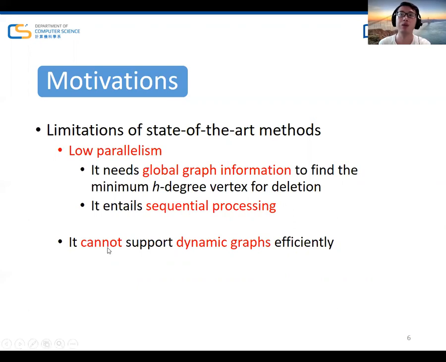The second limitation of peeling-based algorithms is that they cannot support dynamic graphs efficiently. When graphs change by inserting or deleting nodes or edges, it is inefficient to update the coreness by running a (k,h)-core decomposition algorithm from scratch.